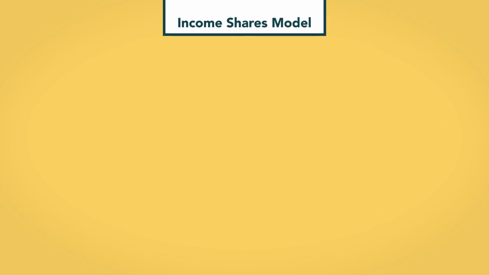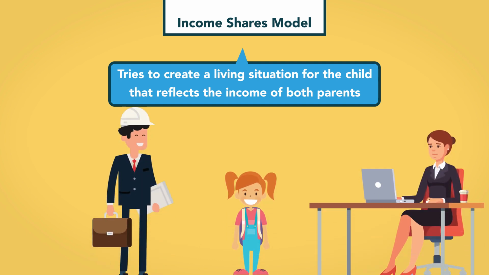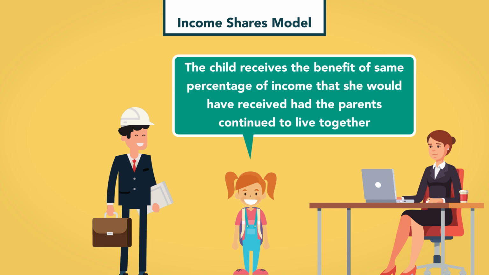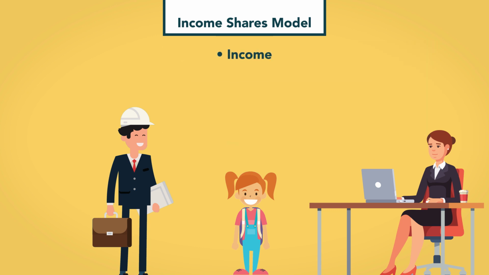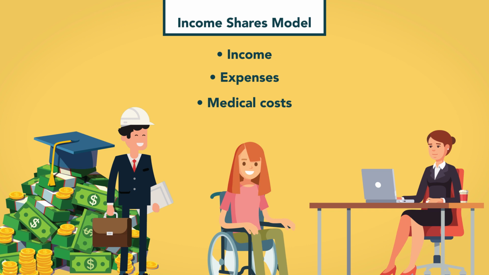Income shares model. The income shares model tries to create a living situation for the child that reflects the income of both parents. In this model, the child receives the benefit of the same percentage of income that she would have received had the parents continued to live together. It tries to balance income, expenses, medical costs, and so on, and can include the cost of education and long-term care for disabled children, or any other expenses the couple agrees on or are required to be paid under the law.